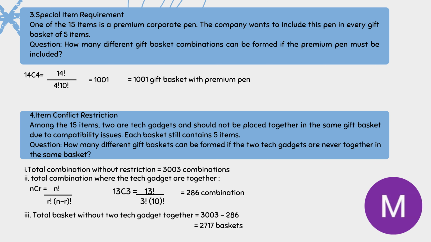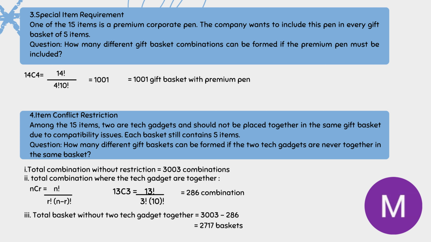In this question, we still use the combination formula, but because the premium pen is included in every gift basket, the number of remaining items is 14. The pen is already included, so one item is excluded from the variation and n is 14.